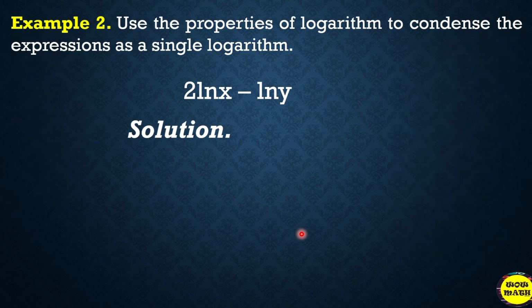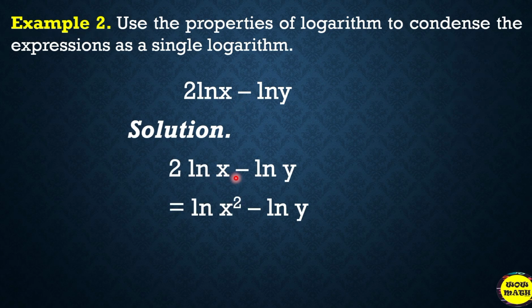2 ln x minus ln y. So, we can write ln for natural logarithm. So, 2 ln x minus ln y. So, difference. So, pag difference, that is logarithm of a quotient. So, therefore, 2 times ln x minus ln y.